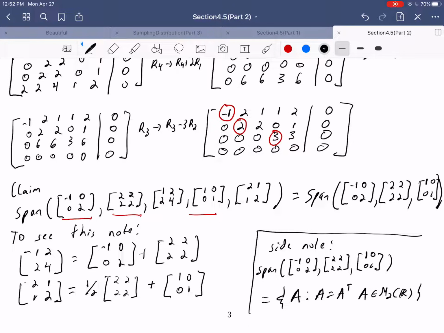In other words, this is a nice little spanning set for the set of all symmetric matrices. I'll let you check that on your own, but it shouldn't be too hard to believe. All of these matrices are symmetric, and you can use these to build any symmetric matrix that you like.